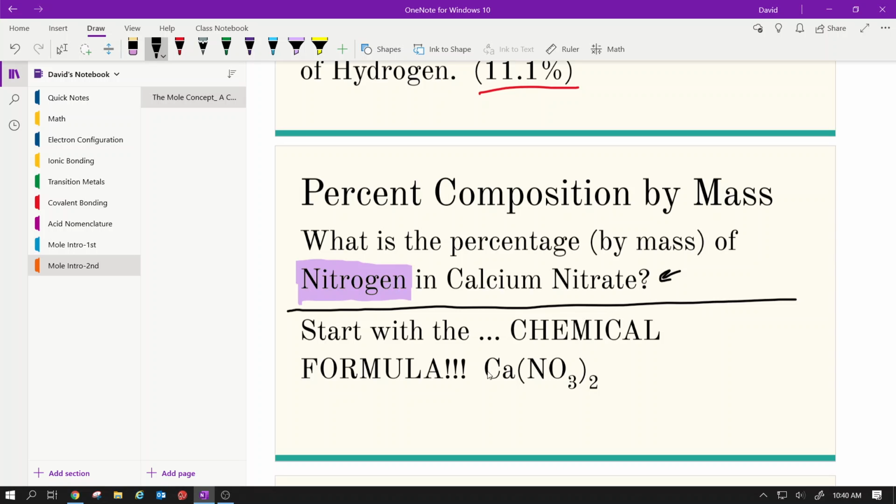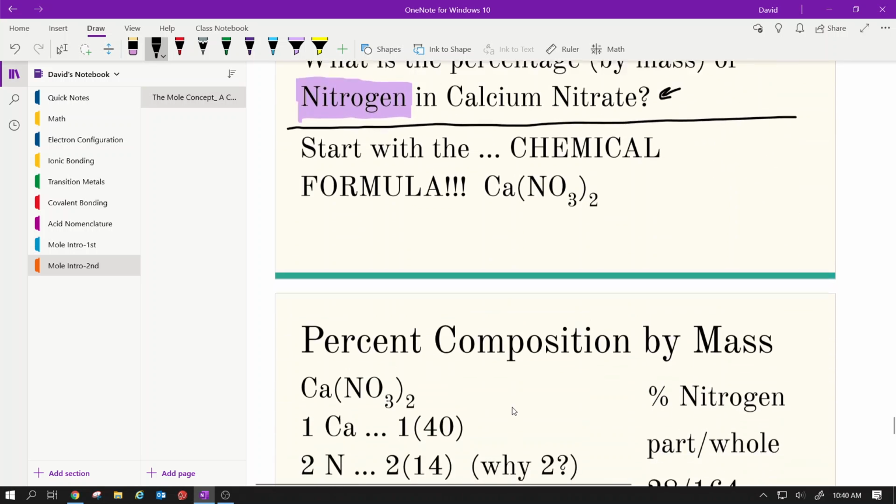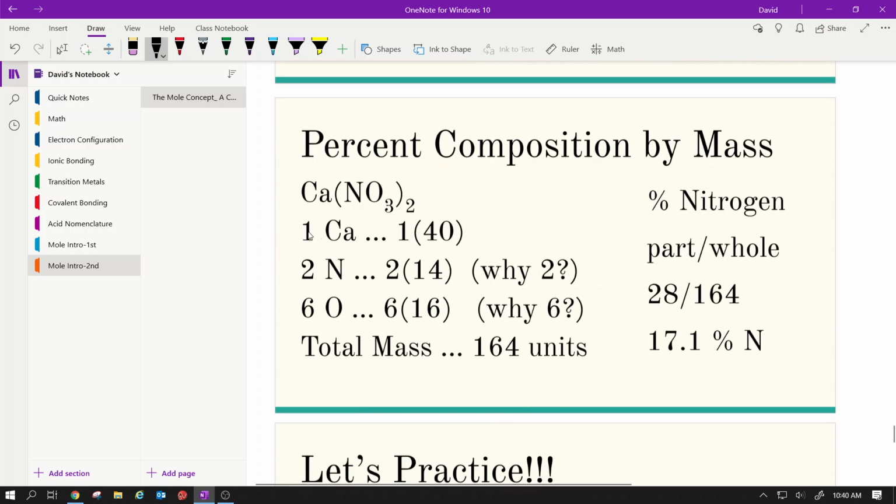All right? So start with the chemical formula, which for calcium nitrate happens to be Ca(NO3)2. All right? 1 calcium atom, 2 nitrate ions. Polyatomic ions. Now, let's do the math for that. In calcium nitrate, we're going to have 1 calcium, which is an atomic mass of 40, 2 nitrogen, so that's 2 times an atomic mass of 14. Ooh, why 2?